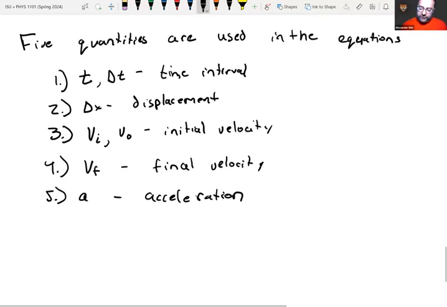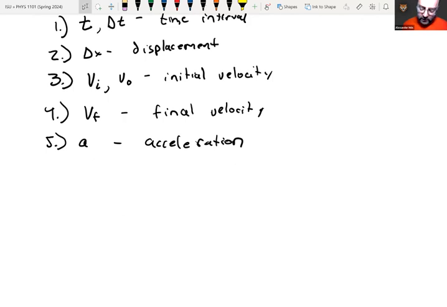Okay. So the first equation, equation one. Now, a lot of times there are only three kinematics equations given. I like to give more than that. So that's why I'm going to do this. It's your average velocity.